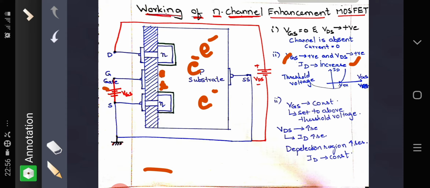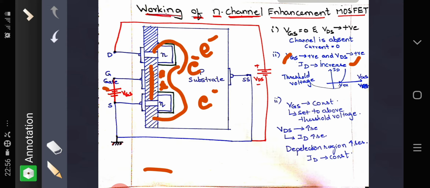They cannot pass further to the gate because an insulating material is present, so they accumulate here, and this forms a channel.